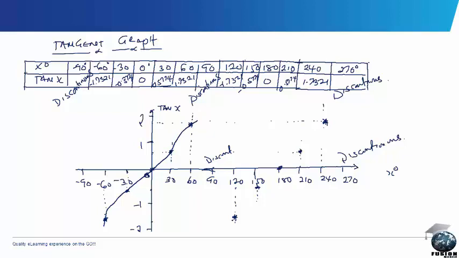This might not be the best, but I'm trying to fit something close to it. So this is what your tangent curve looks like.